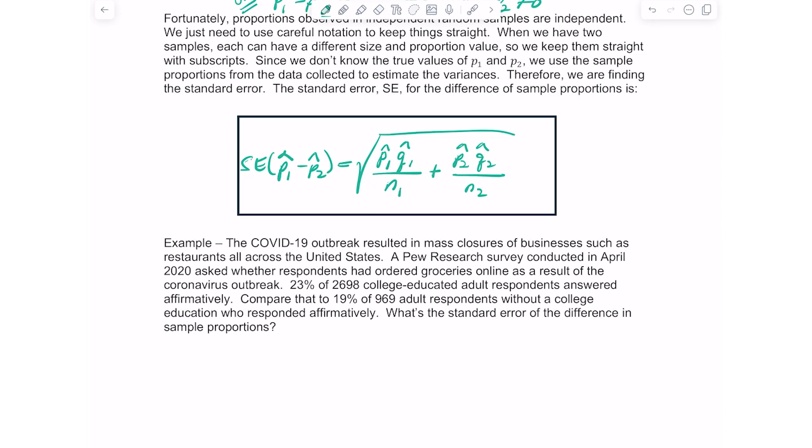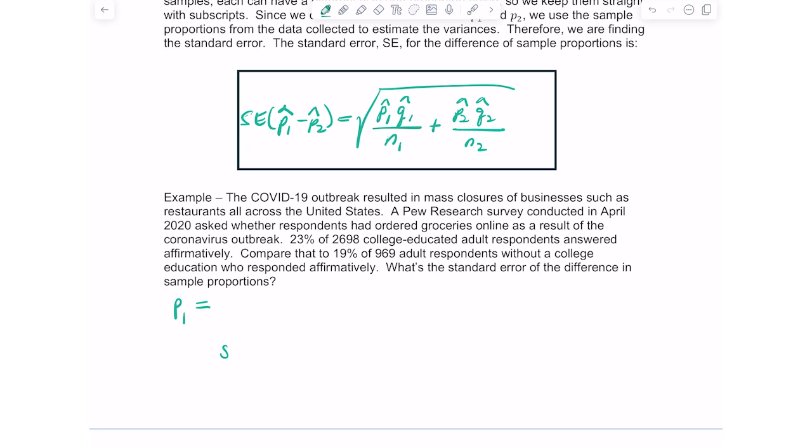First of all, I want to identify the actual populations. So p hat 1 here is the sample proportion of college-educated adults that ordered groceries online.